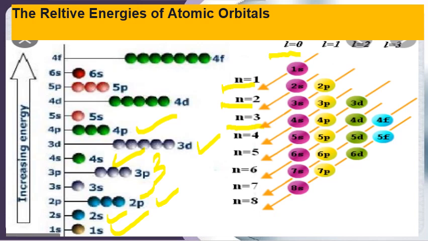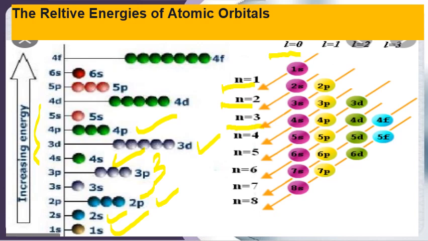Here you will find 4s, 4p, 4d, and 4f. You can see in this filling order, after 4s, 3d is filled, then we have the filling of 4p, and then we move further to 5s instead of 4d, right? Then as 4d is higher in energy, it will be filled with electrons after 5s.